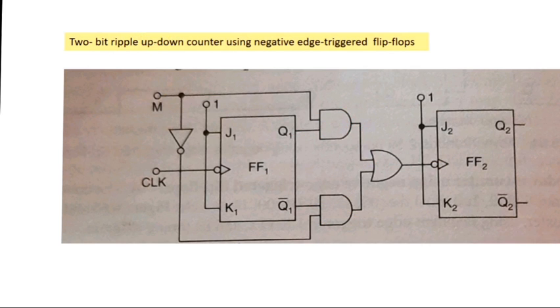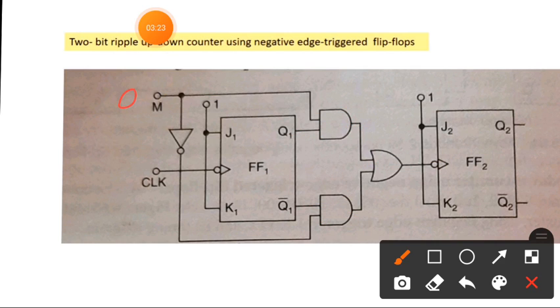Next, if M is equal to 0, then 0 comes here, so this gate will not work. And here it is inverted, so it is 1. Q1 dash will be given here, so this AND gate will work.